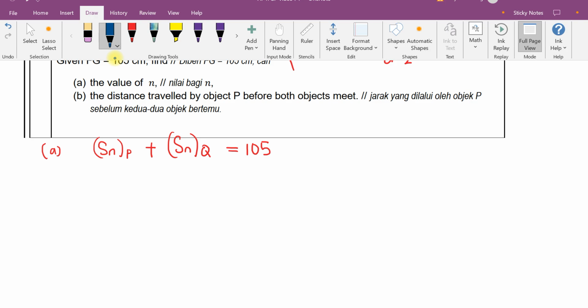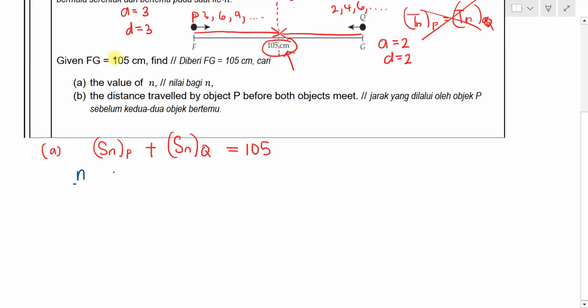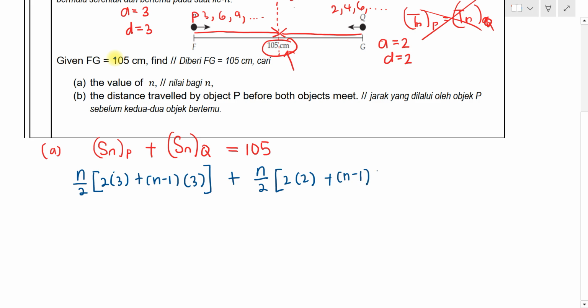Use the formula for the sum, n over 2 times 2a, which is 3, plus n minus 1 times d, which is also 3, plus, this one is for P, n over 2 times 2a, where the a for Q is 2, plus n minus 1 times d, also 2, and this equals 105.